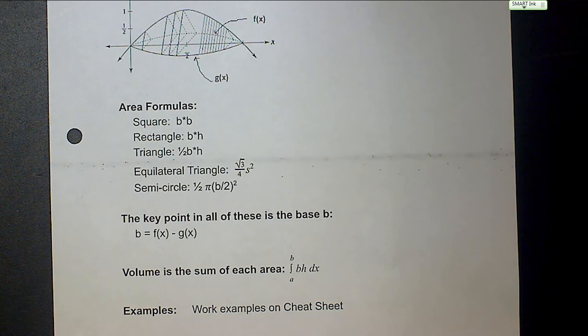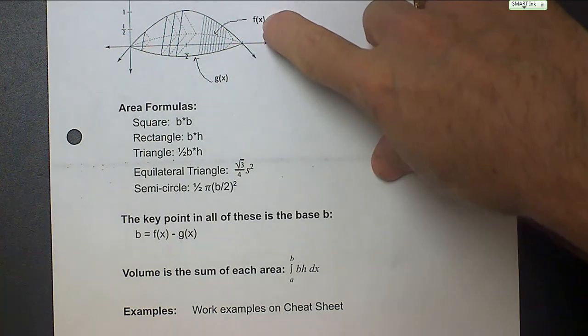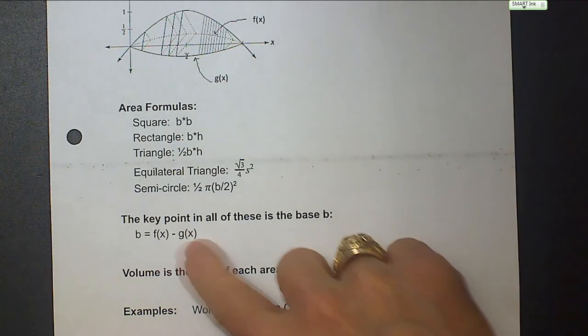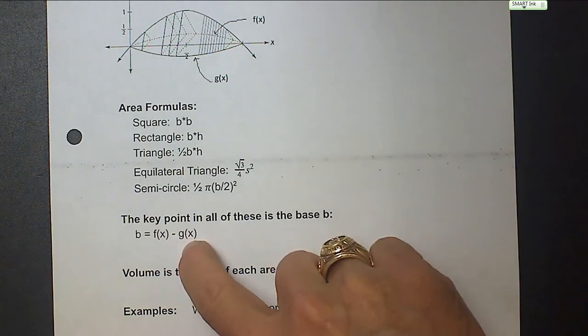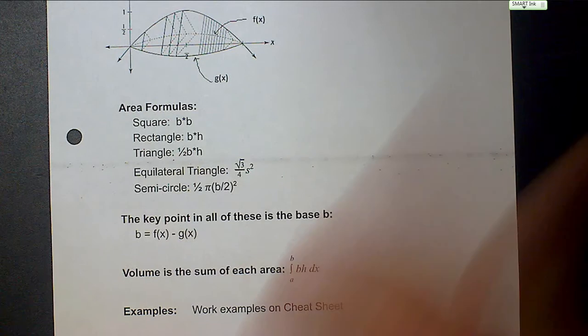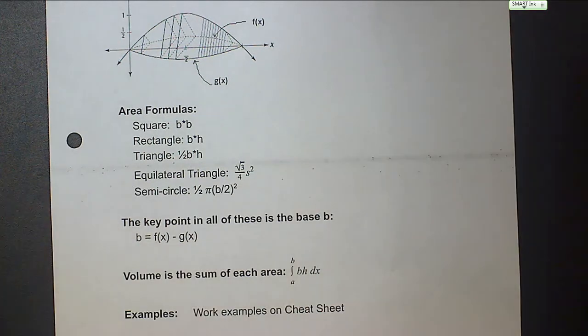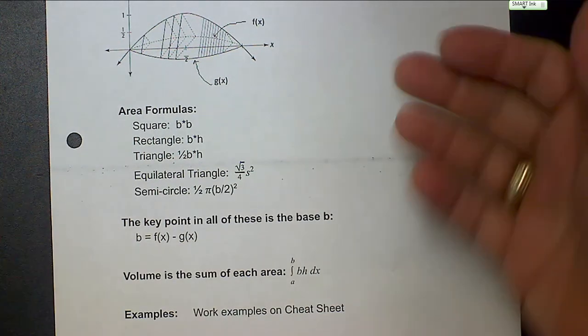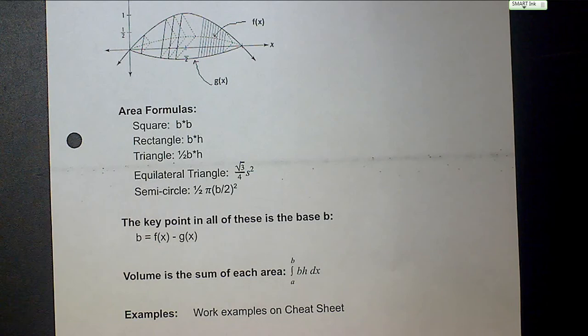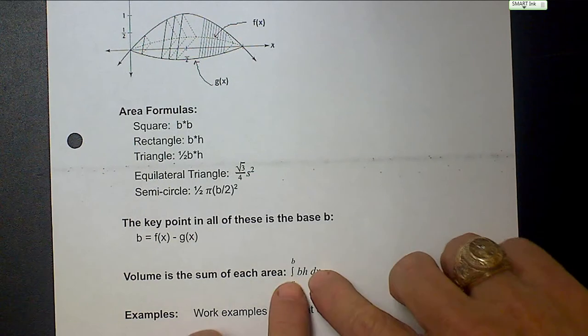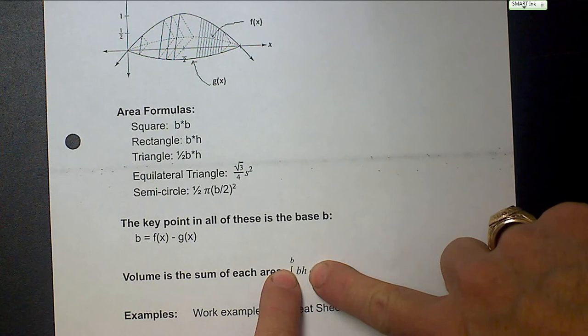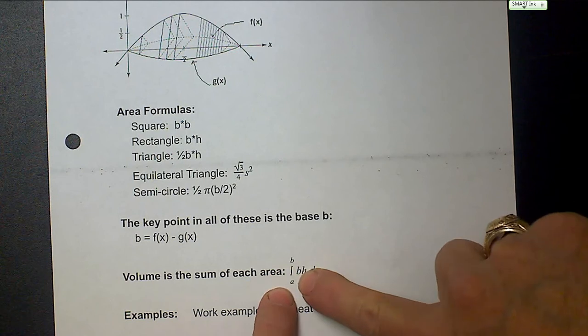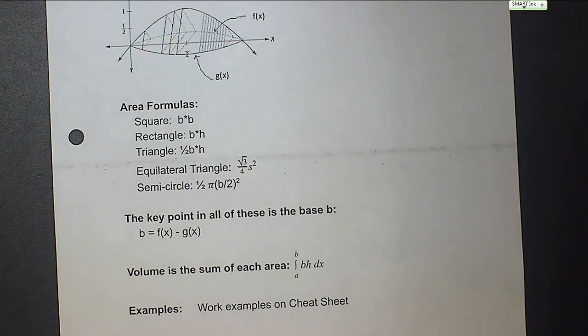The base is going to be f of x minus g of x. That's where the base is going to come from. So you're going to have two functions, top one minus bottom one. We're going to give you that base, and you're going to multiply that base times the height. That'll give you the area of one shape. You're going to integrate to get the areas of all the shapes added up.